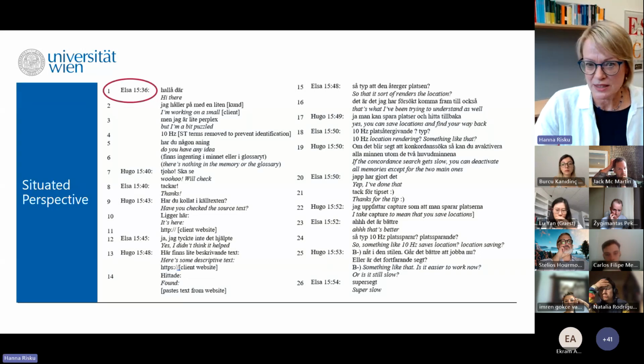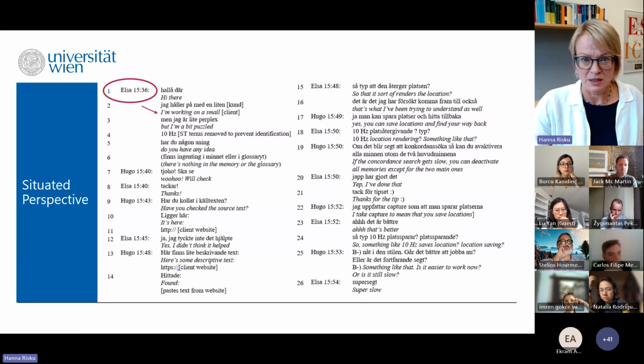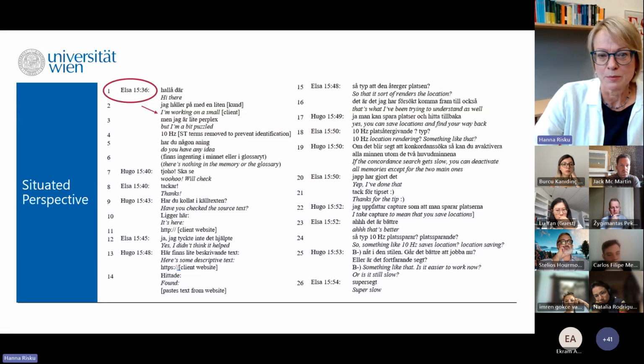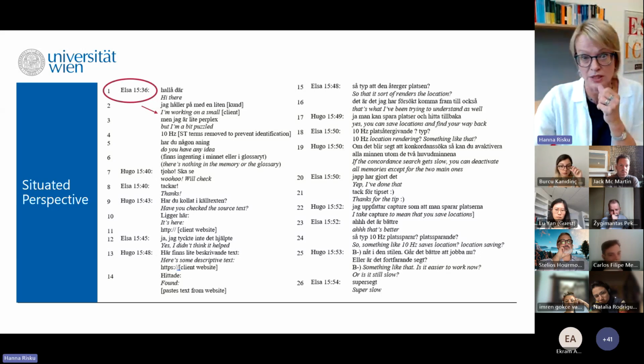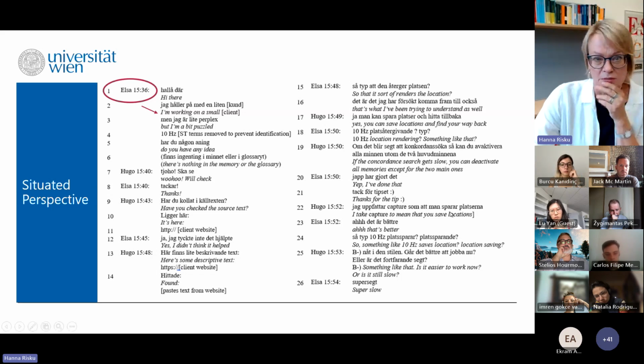She contextualizes the problematic source text item by naming the client. "I'm working on a small client," and she states that she has consulted the relevant translation memory and glossary, but has deemed them unhelpful. "There is nothing in the memory or the glossary."